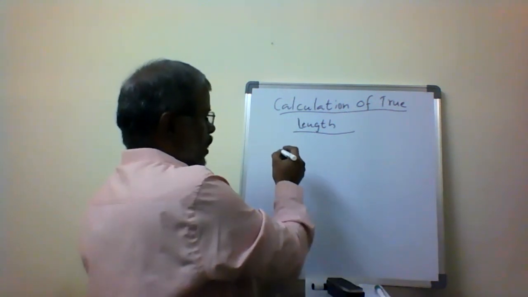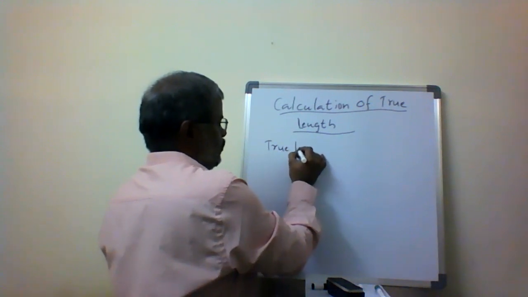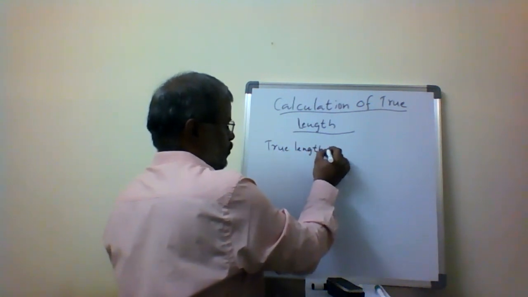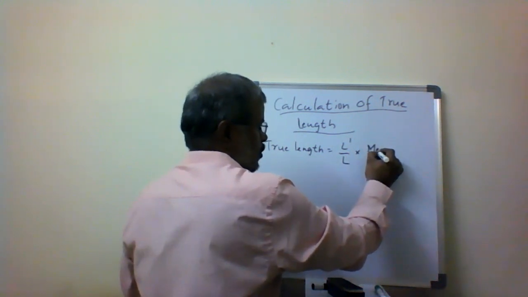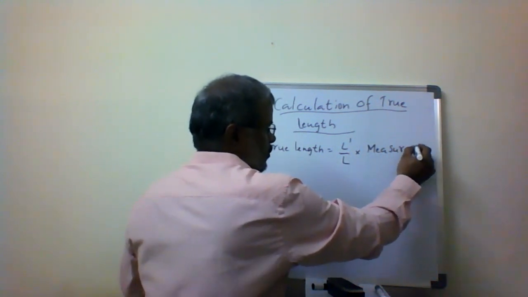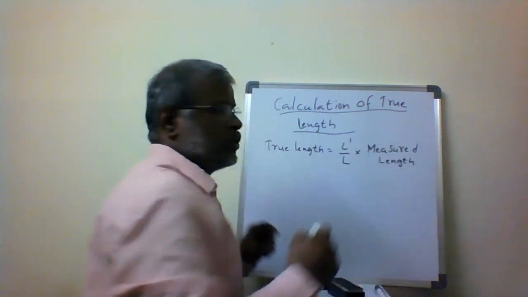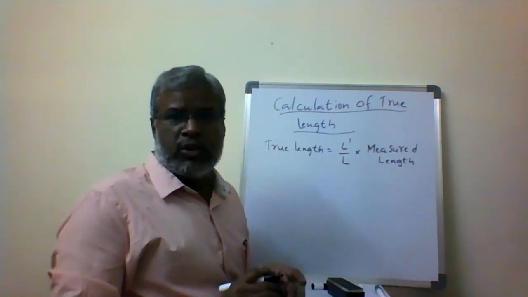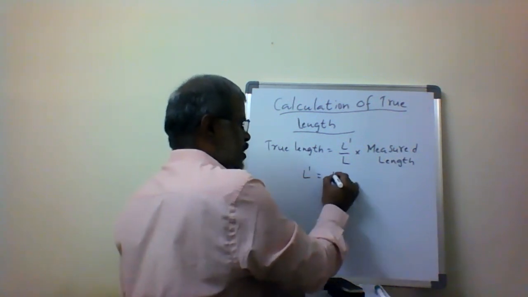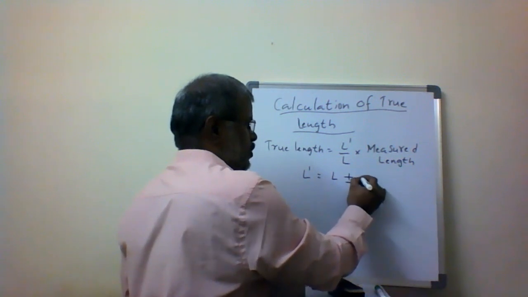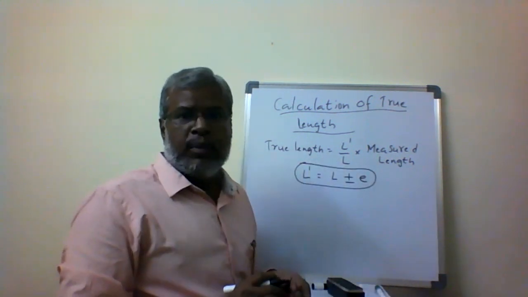True length equals L dash by L into measured length. This is the formula we are going to use. What is L dash? L dash equals L plus or minus E.